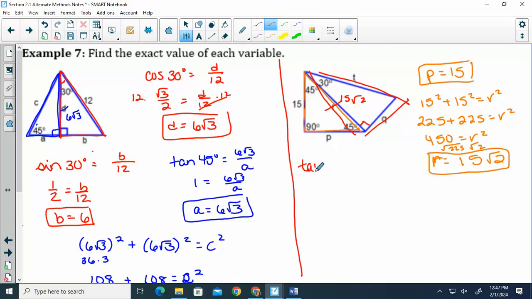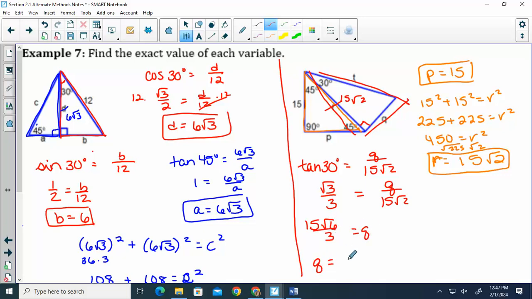So the tangent of 30 equals my opposite side Q divided by the adjacent side, 15 radical 2. Okay, what is the tangent of 30? Square root of 1 over the square root of 3. Okay, so if I multiply that over, it would be 15 square root of 6 over 3. 15 divided by 3 is 5 radical 6.